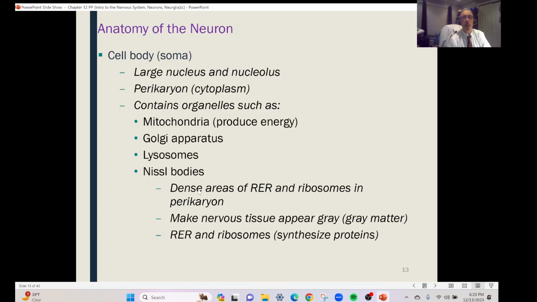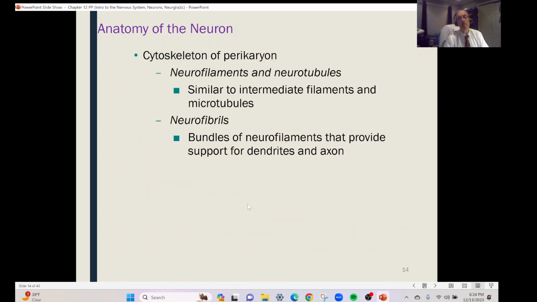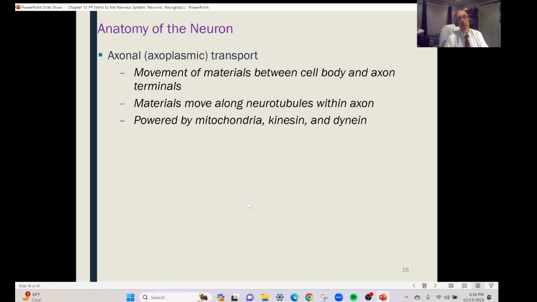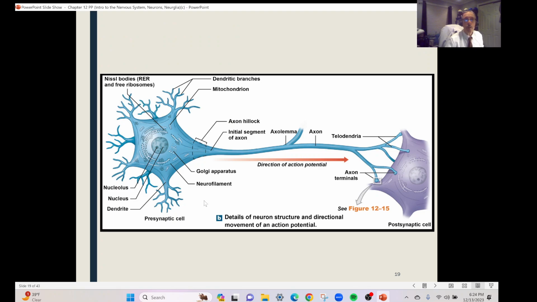So these are dense areas of the rough endoplasmic reticulum and ribosomes in the perikaryon or the cytoplasm. It's interesting, when we have a lot of these, it actually makes the cell appear gray, and that's what produces gray matter. We also know from previous lessons that the rough endoplasmic reticulum and the ribosomes are going to be involved with protein production.